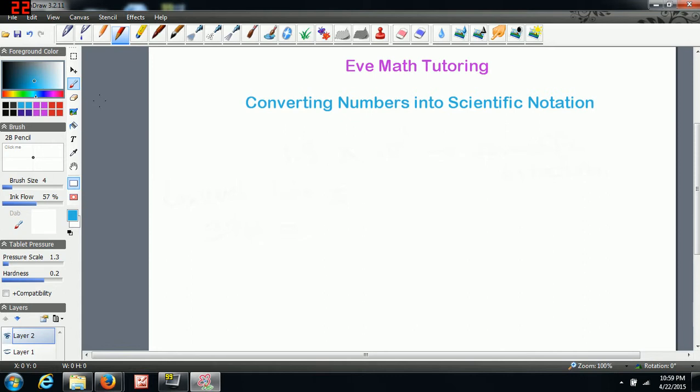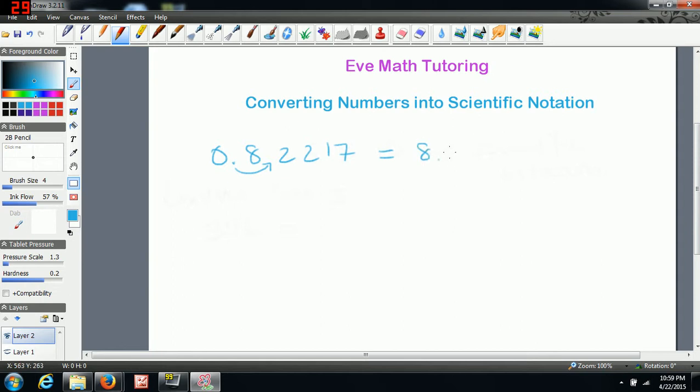Now, say you're given something like the following. Okay, so if I want to convert this number into scientific notation, what I'm going to do is I'm actually going to move the decimal place over this way.